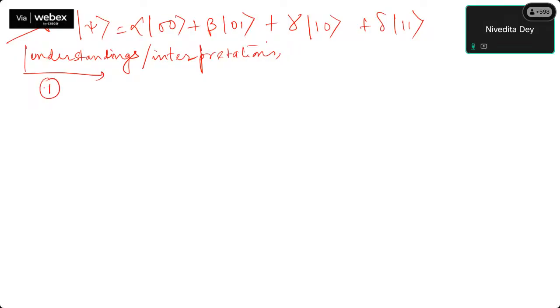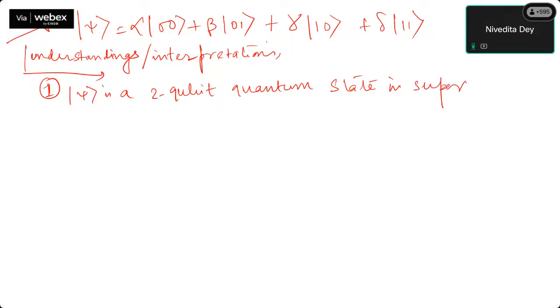So understanding number one is psi is a 2-qubit quantum state in superposition with the pure states 0, 1, 2, and 3.